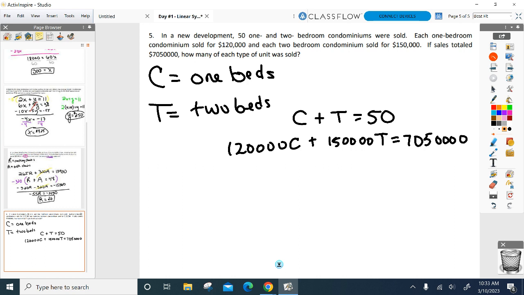And yes, you should be getting whole numbers of one bedrooms and two bedrooms. Can't have partial ones.